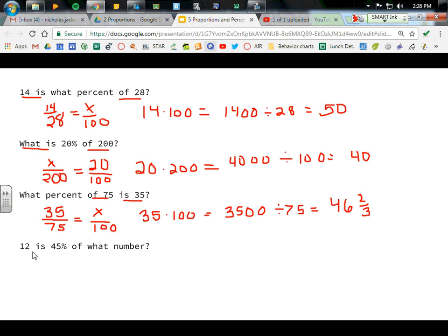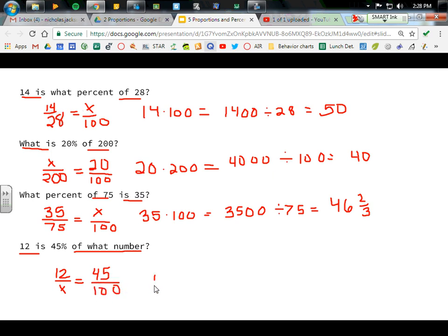Continuing on, 12 is 45% of what number? Here we're looking for the whole. So we've got 12 over x equals 45 over 100.